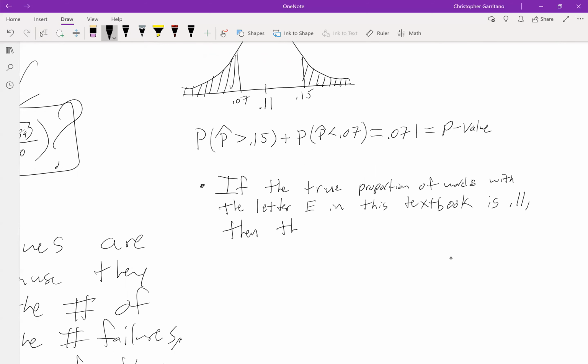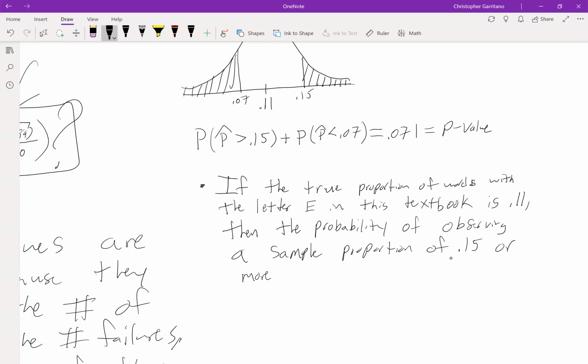then the probability of observing a sample proportion of 0.15 or more extreme in either direction.